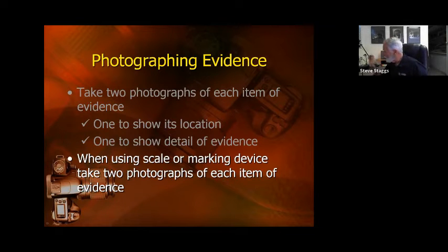If you're going to use a scale, and that's going to be alongside your evidence to show its size, whatever the purpose of that scale is, well, make sure there is one photograph without the scale.